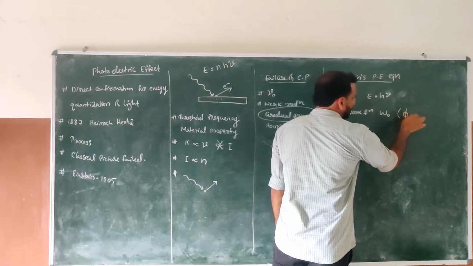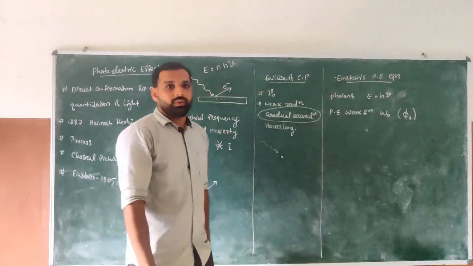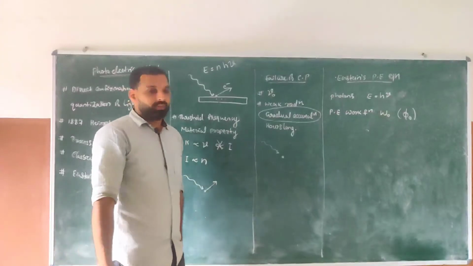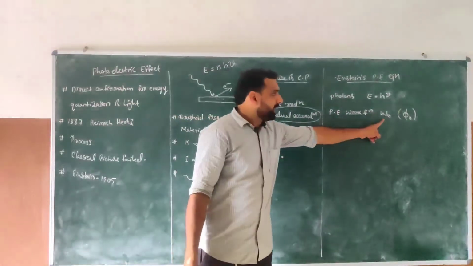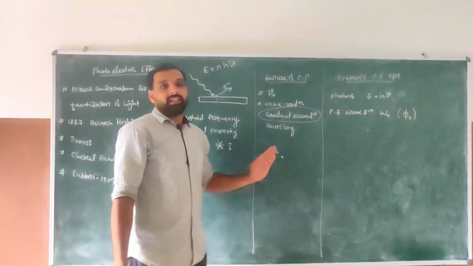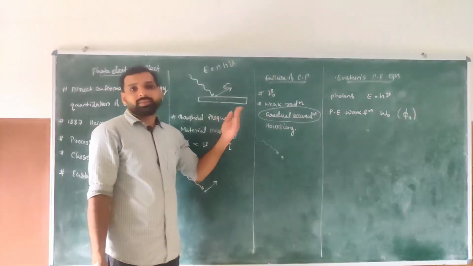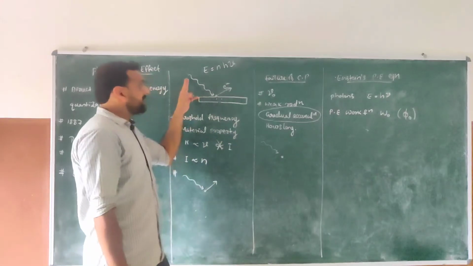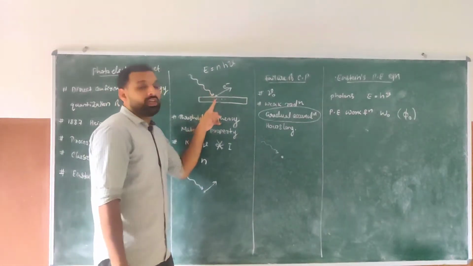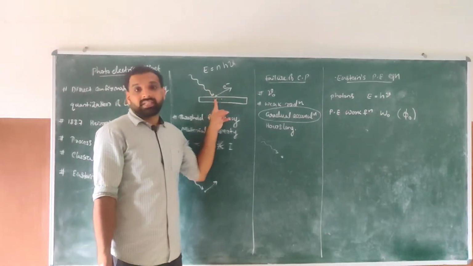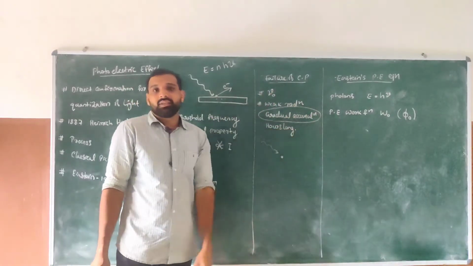In some textbooks, it is represented by phi 0, but we'll stick to W0. So what is W0? It is the work done to eject the electron from the metal surface, or the minimum energy of the incident radiation to eject the electron from the metal surface.